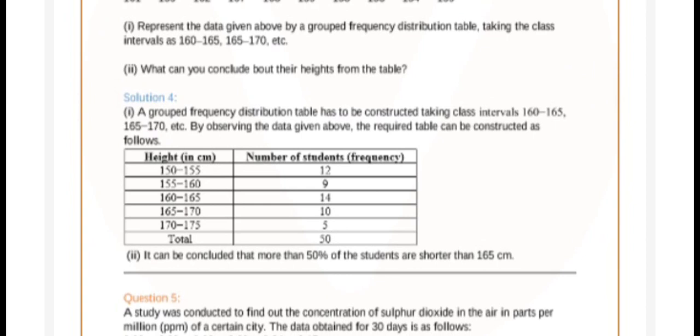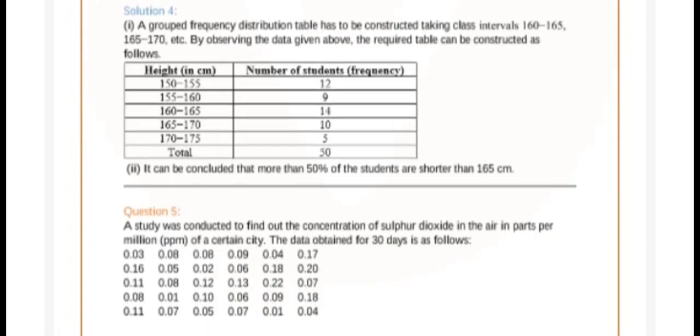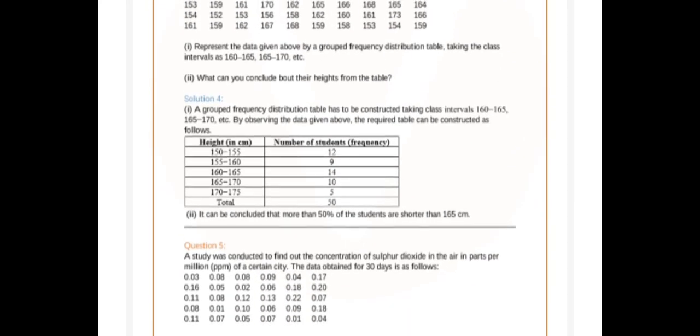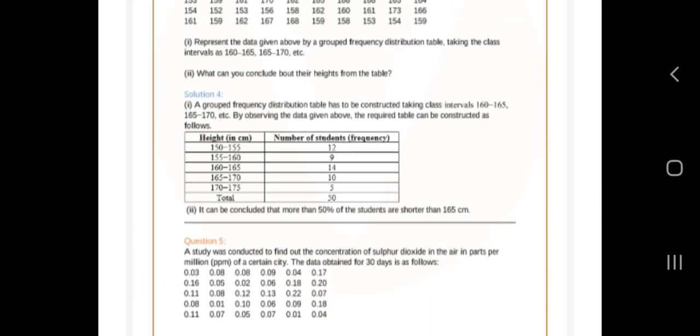Next, 50% of the students are shorter than 165, so we can conclude this.